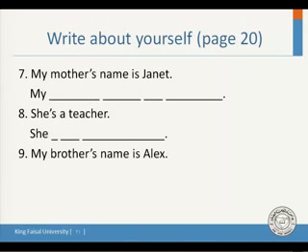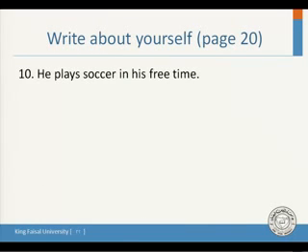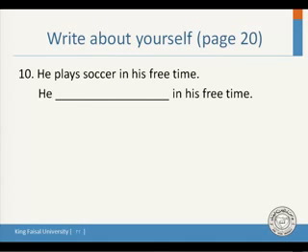What's your brother's name? My brother's name is Ahmad, for example. Sentence 10, my brother, he plays soccer in his free time. What does your brother do in his free time? He reads, studies, does his homework, watches television, plays with his friends.